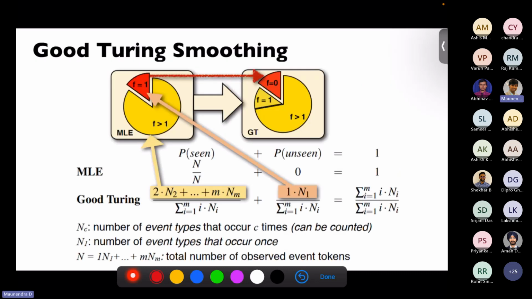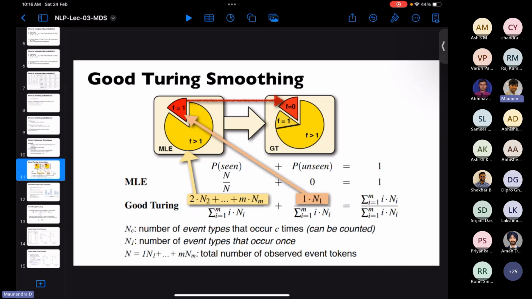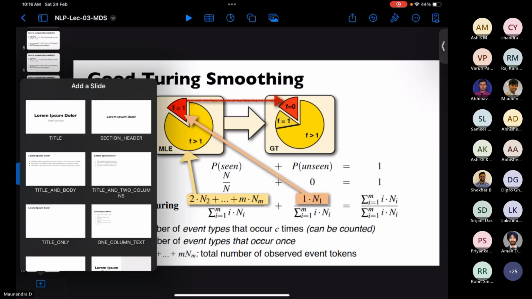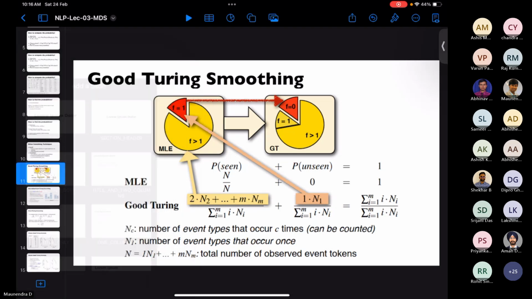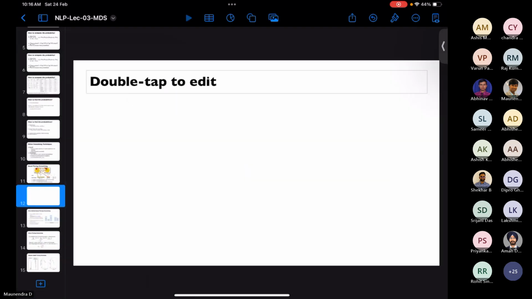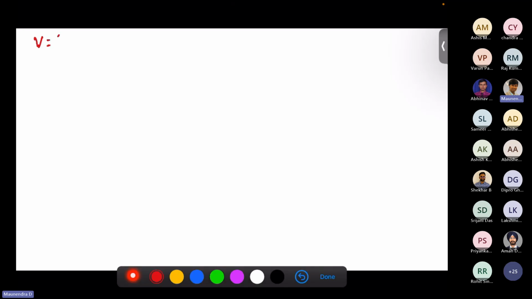Suppose our vocabulary has words like today, is, rainy, sunny, windy.